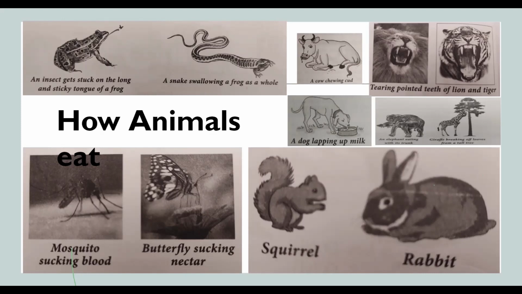Mosquito is not a carnivore because it is not eating the flesh. They have a long mouthpart pointed like a pin, so they can suck it. They are not herbivores either. They don't feed on plants.